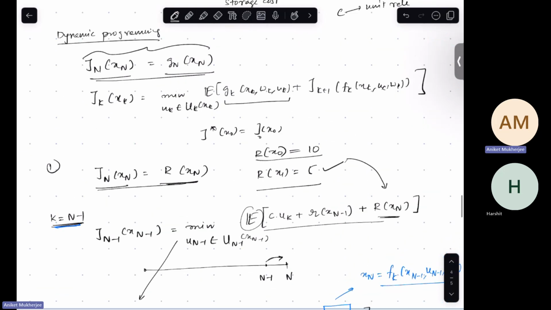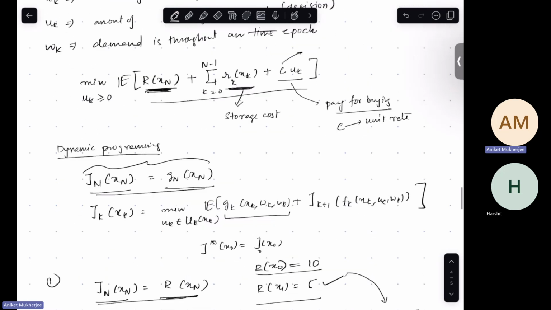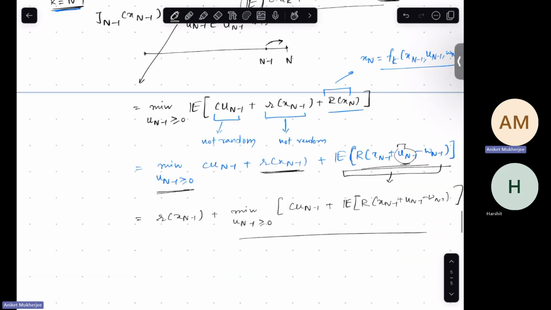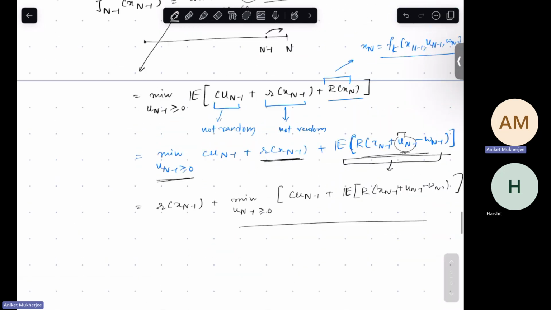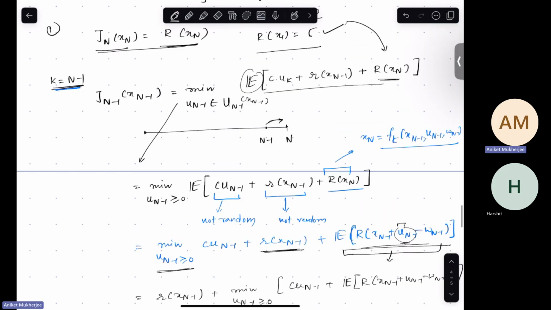Tomorrow what we'll do is we'll come up with some values of all these, and we will solve and see how taking what action gives you what results, right? So you find this for all states. So what you do is you first fix, suppose in k equal to n minus 1, you have three states, x0, x1, x2. Then you first fix x0. Then you get J_{n-1}(x0), and you calculate this for x0.